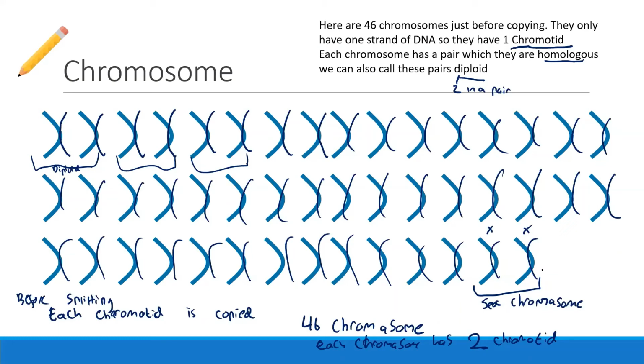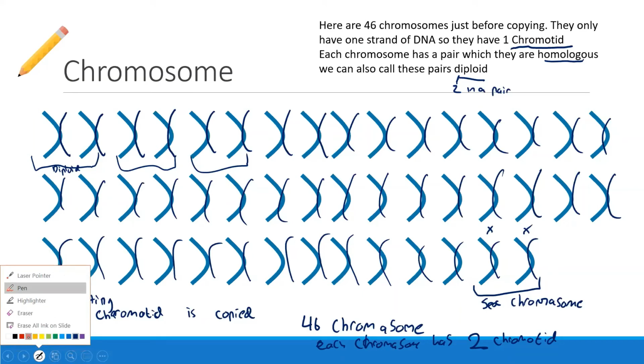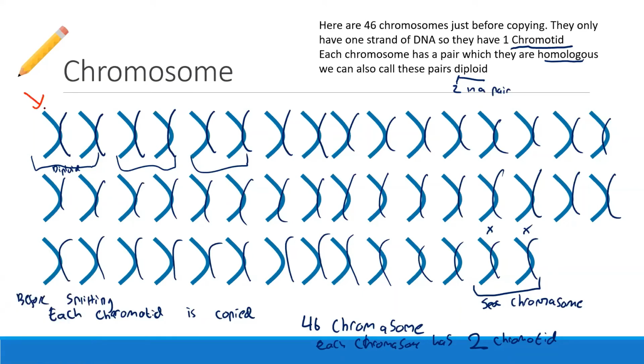So what that will mean is that for the cell, one copy will go to, we'll just call this the left cell, and one copy will go to the right cell. And that will happen for all of these. And the reason why is then we'll have 46 chromatids going one way, 46 chromatids going the other way.